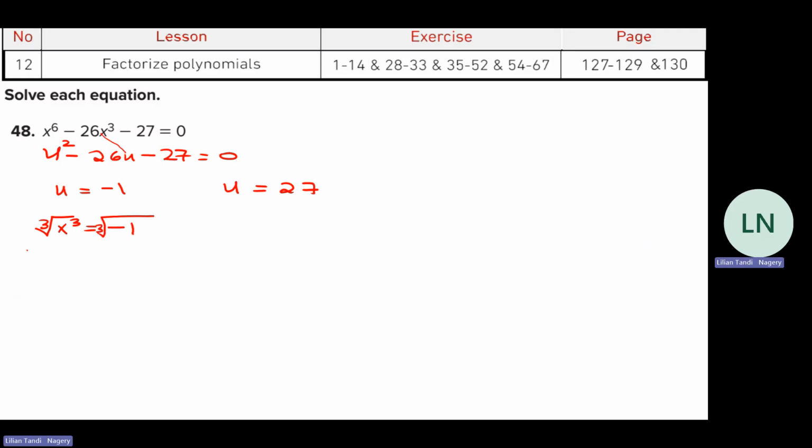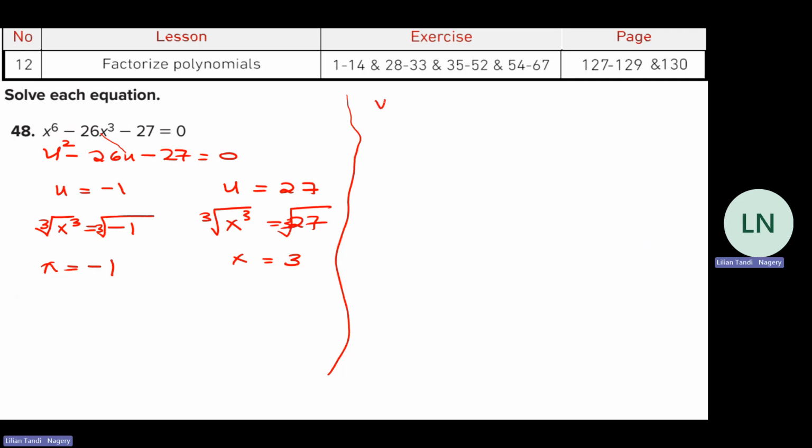Okay, so this will give you x equals -1. And then here you say x cubed equals 27. You cube root both sides. You say x equals 3. Okay? Then you continue. You say u equals -1. You add 1 on both sides. You get u plus 1 equals 0. Your u is x cubed plus 1 equals 0.